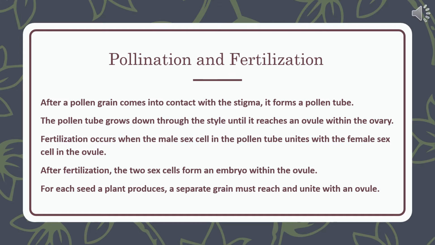We know that pollination occurs when a grain of pollen lands on the sticky surface of the stigma, and then it grows a pollen tube down the style. Now, fertilization happens when the male sex cell in the pollen tube comes into contact with and unites with the female sex cell in the ovule. So after this fertilization happens, those two sex cells will combine to form an embryo within the ovule.